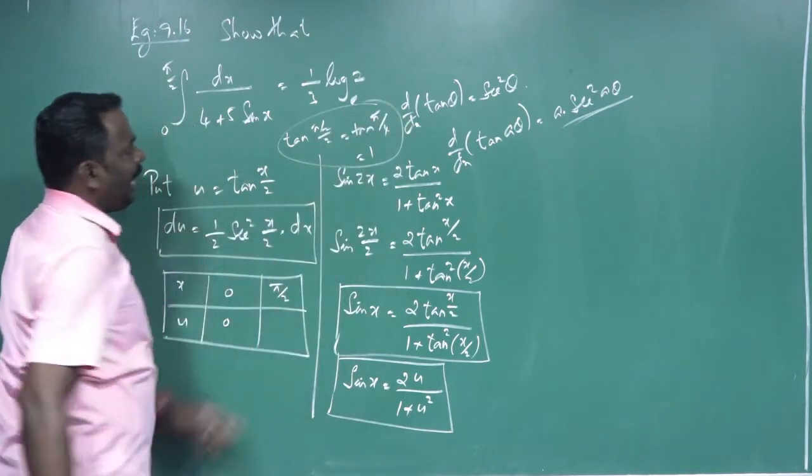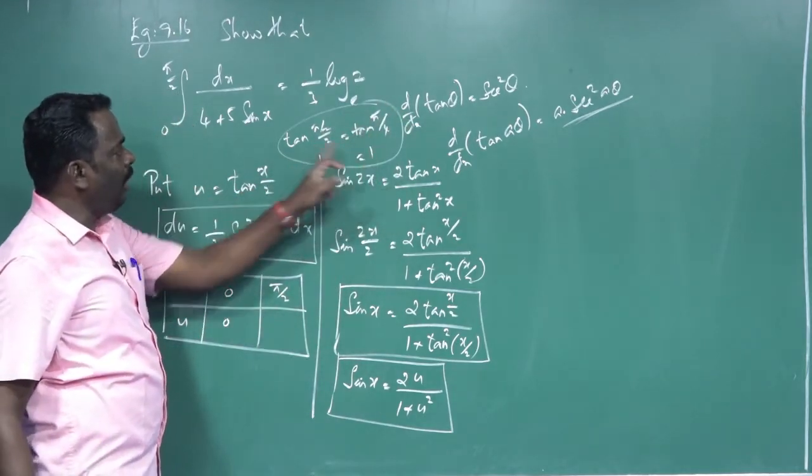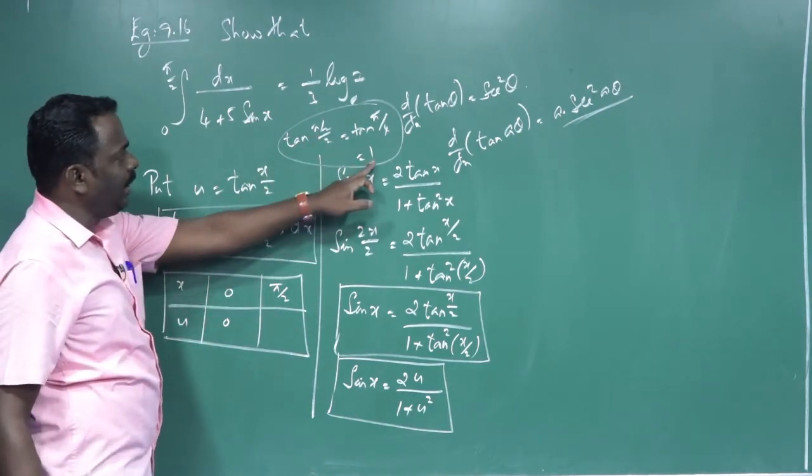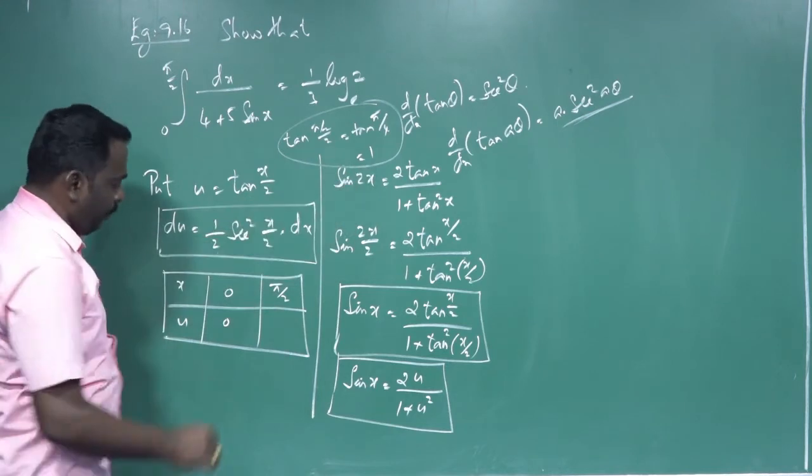Therefore when x equals 90, the corresponding u value is 1.